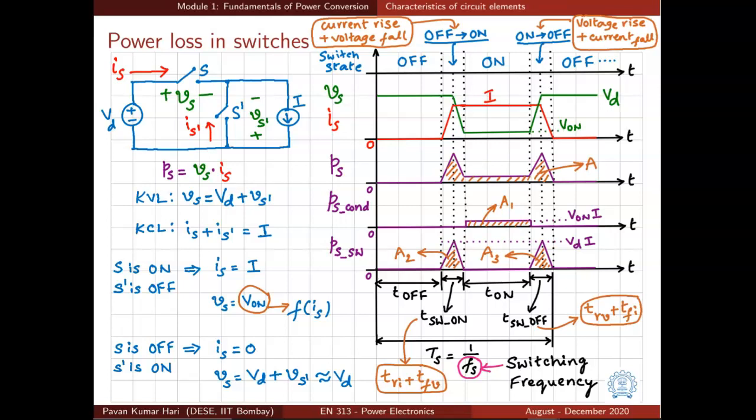And when switch S is off completely and S bar is on, Is is equal to 0, no current flows through the switch.